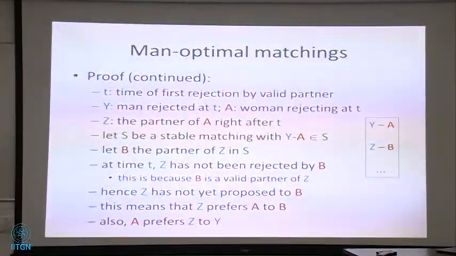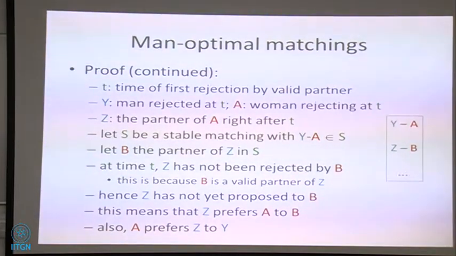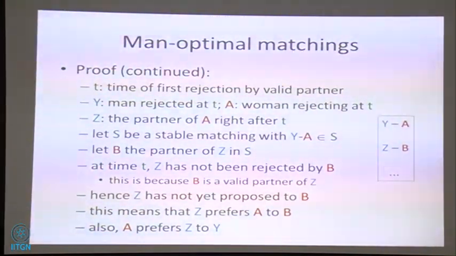So what happened? We looked at the time of the first rejection by a valid partner. We assumed that it was a rejection of Y by A, and it was a rejection in favor of Z. Then we looked at that hypothetical stable matching where Y and A are together, which exists because A is a valid partner for Y, and in that matching Z was together with someone else.